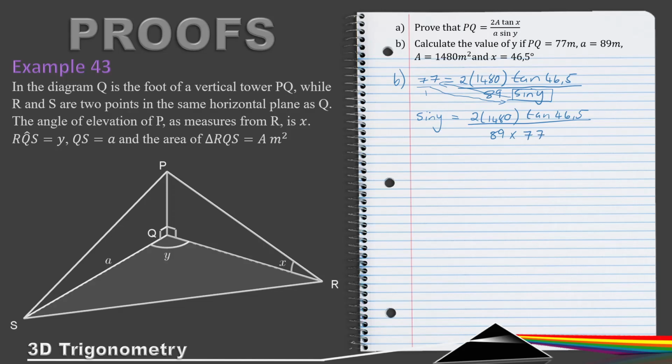Now to get y on its own, we just take the inverse sine of this whole expression. So y is equal to the inverse sine of 2 times 1480 tan 46.5 over 89 times 77.